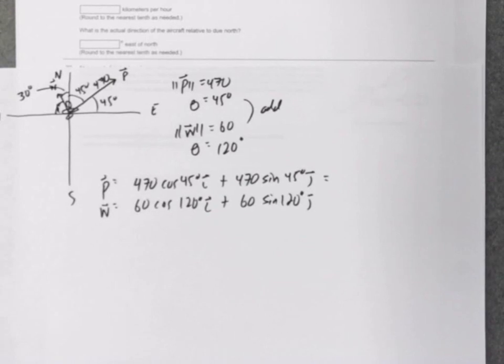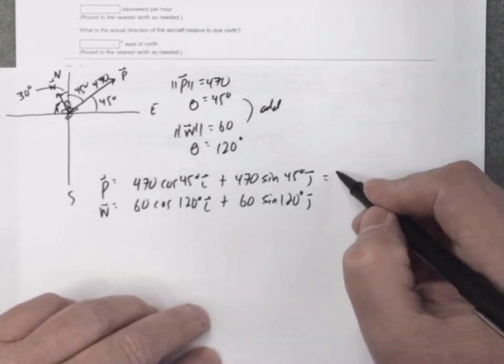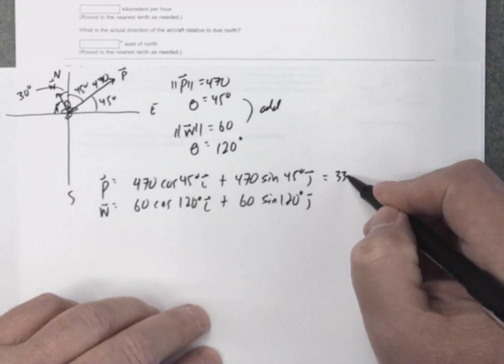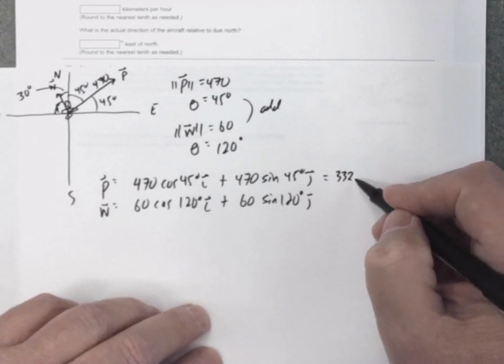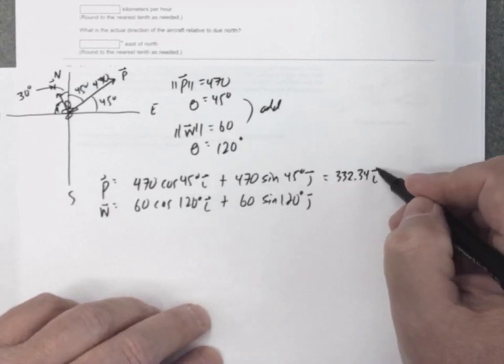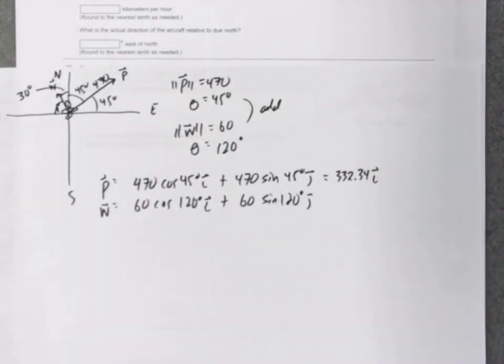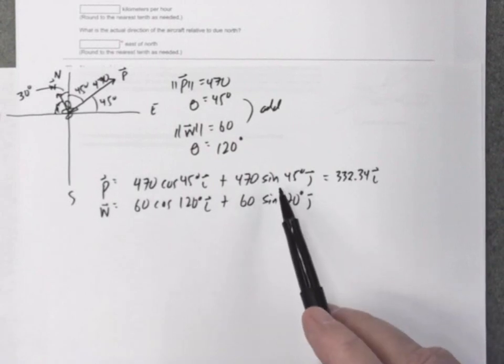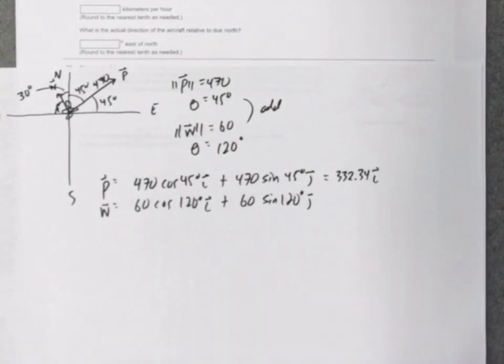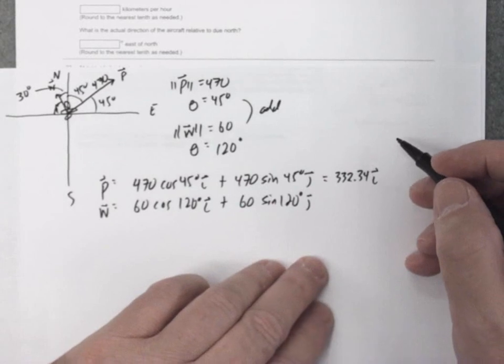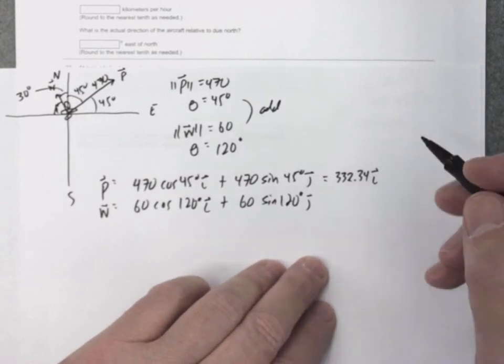So I'm in the degree mode, cosine 45 times 470, 332.34. And 470 times the sine of 45 degrees, it's actually going to be the same. Sine and cosine are the same.